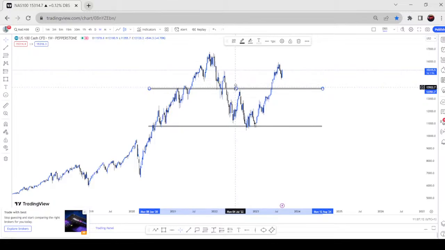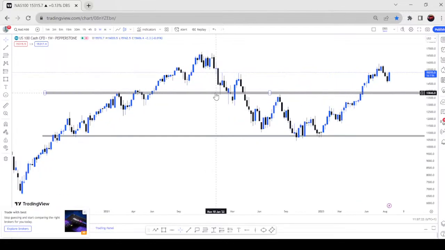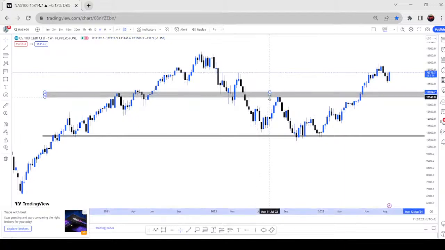Sometimes I might need to widen it. This is another one, but let me zoom this so that I can touch it. You have to touch this.